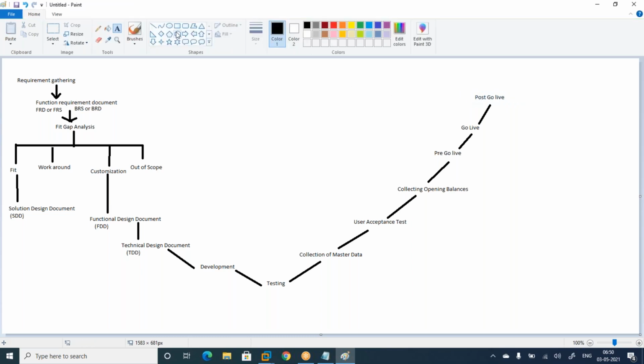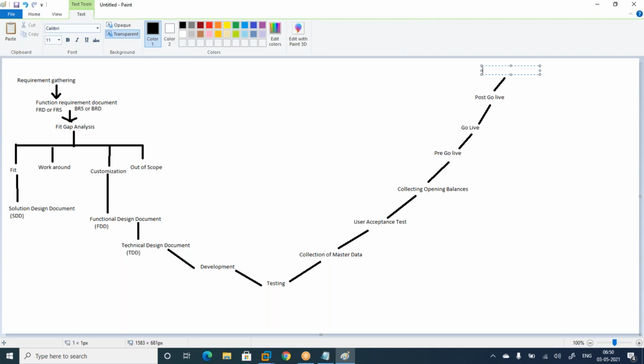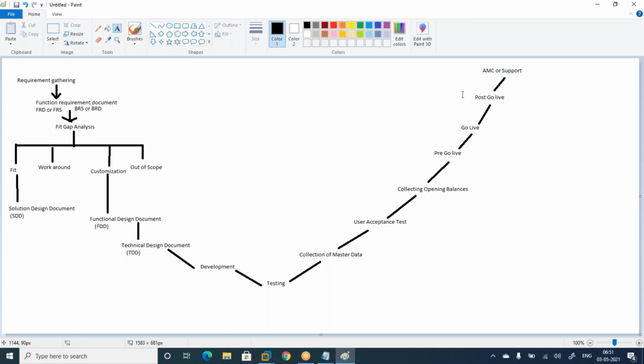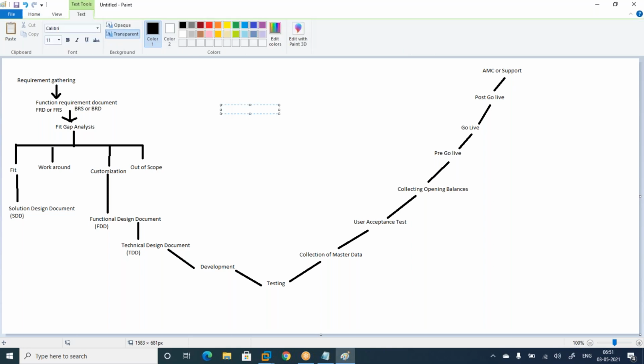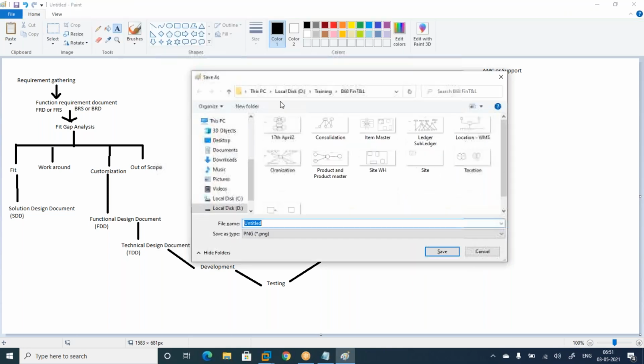Next, AMC or support, annual maintenance charges or support. This is the implementation methodology. Give me a second, let me save this file.